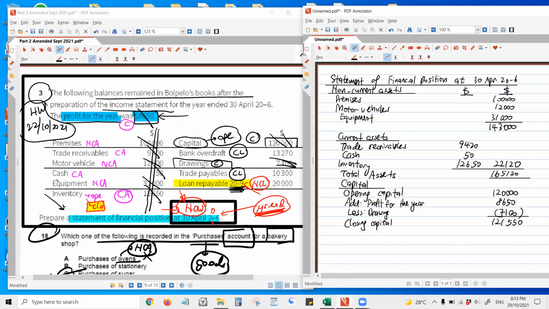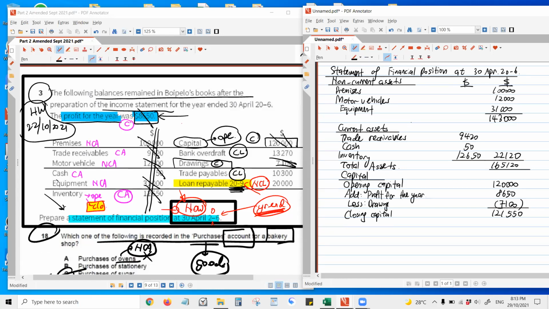Last week I told you to determine whether it is NCL or CL, and some of you told me it is current liability. To know whether it's an NCL or CL, look at the year in which you should repay it. The year in which you repay it is 20-9, which is 3 years later, more than 1 year from now. So NCL.